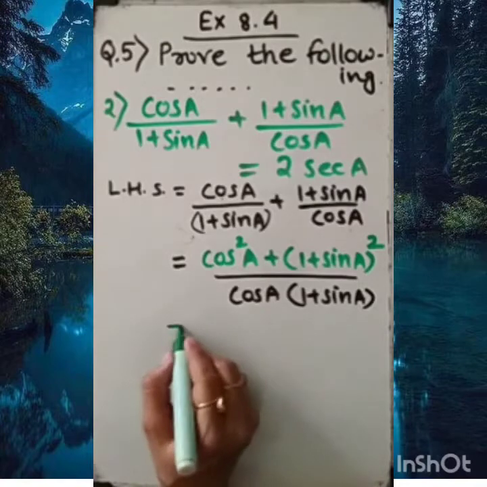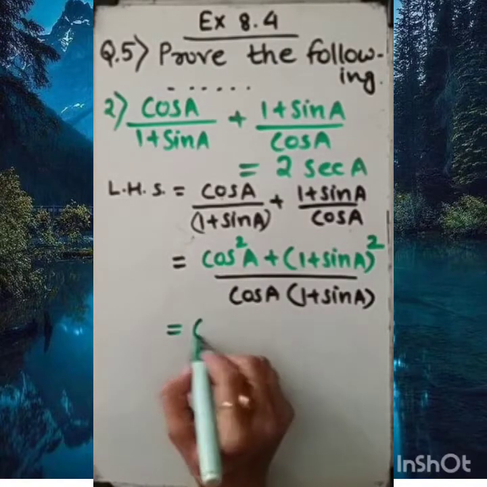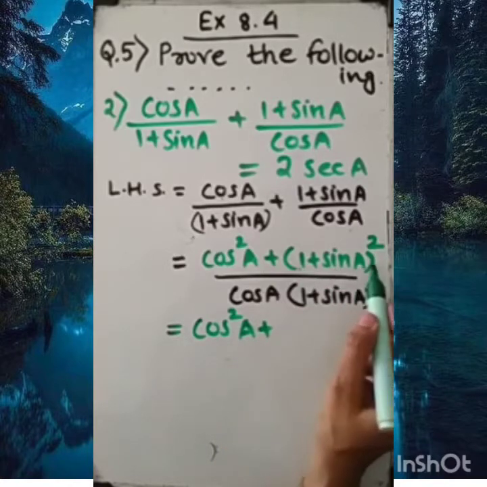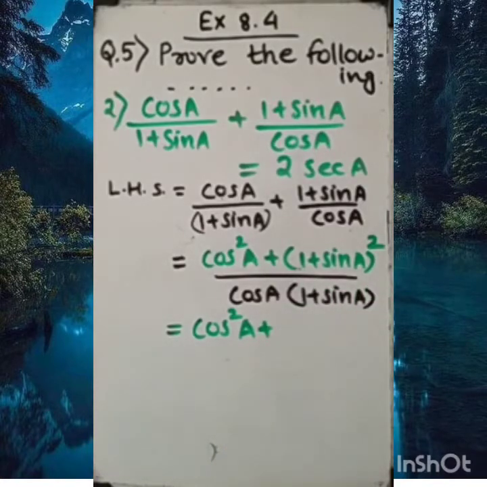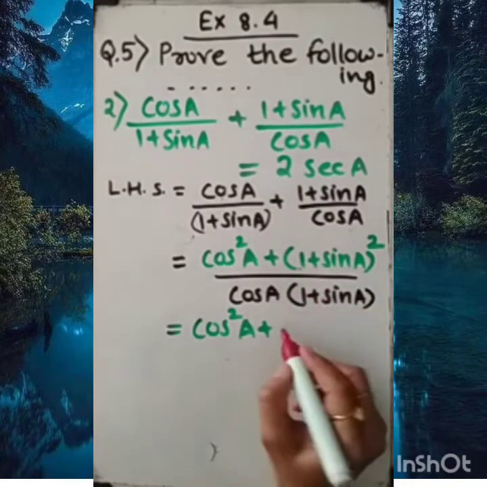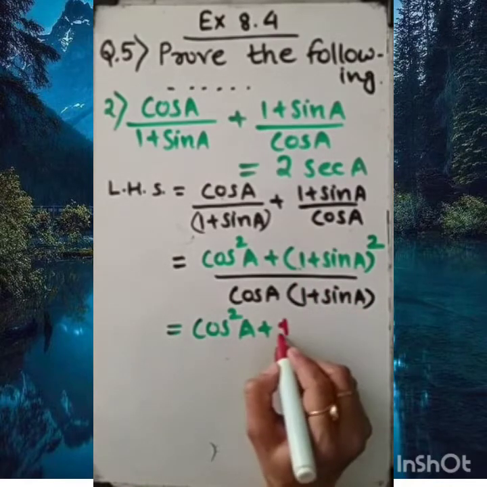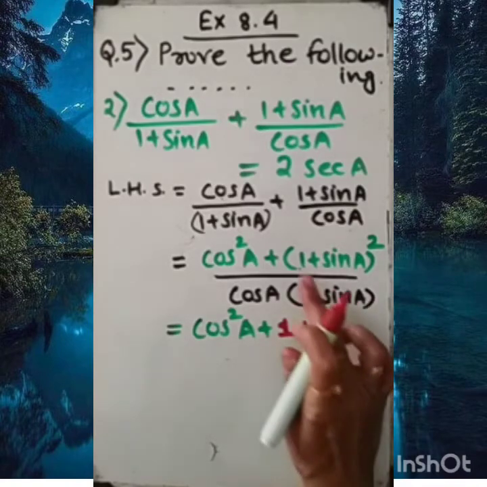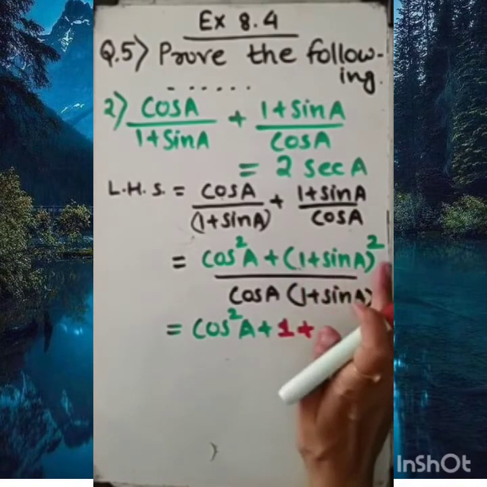Now in the next step, cos square A is already given, but here 1 plus sin A whole square, that is where we need to apply the first identity. I am using another color marker to show the first identity we are going to apply: A plus B whole square is A square plus 2AB plus B square.